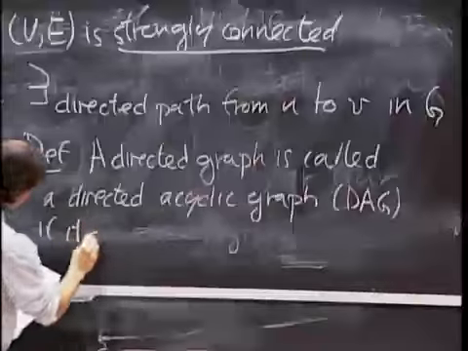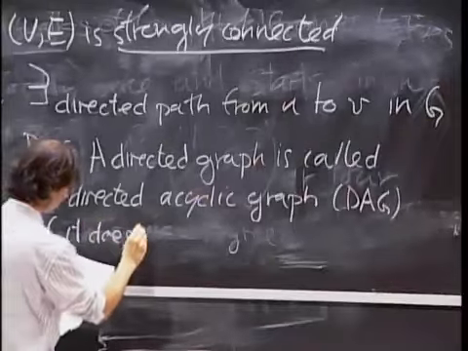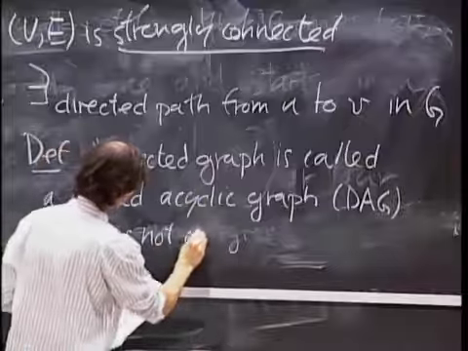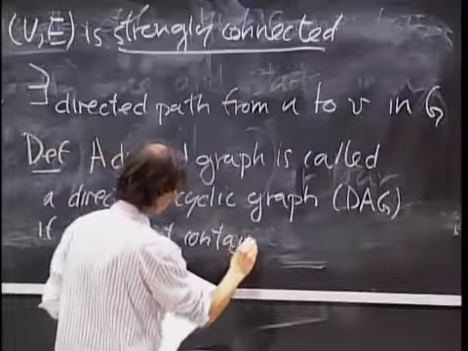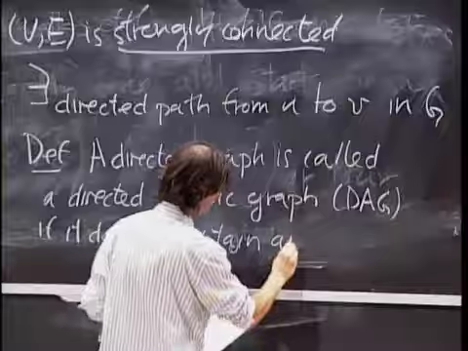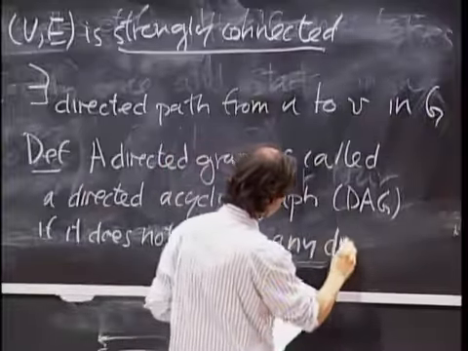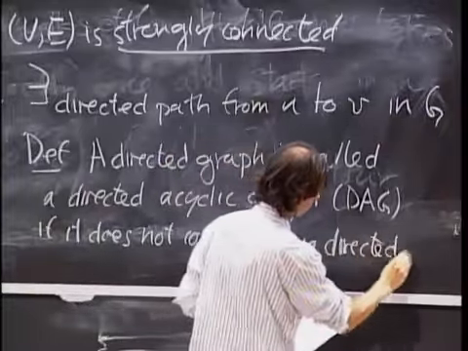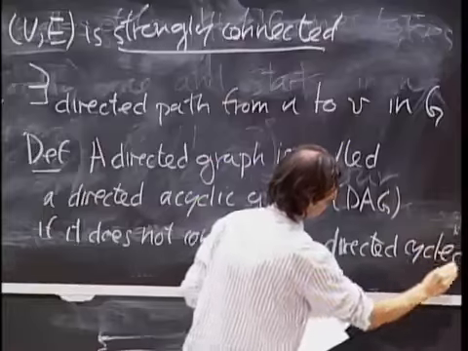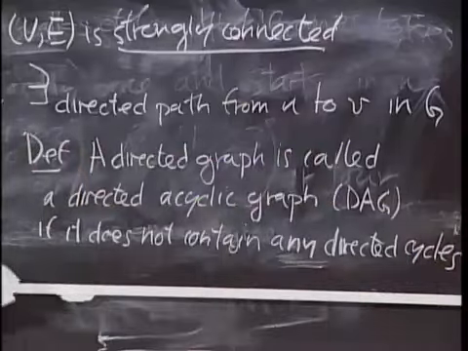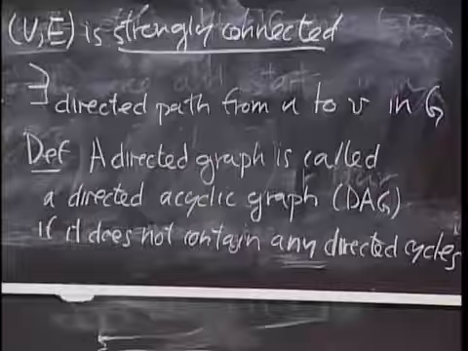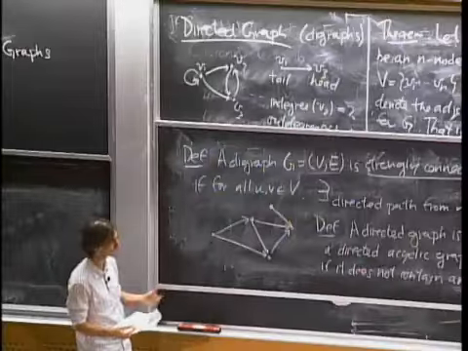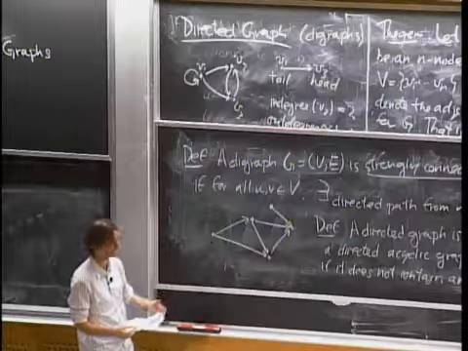If it does not contain any directed cycles. So these kinds of graphs are used in scheduling and optimization, and we will use them next week in the lecture on partial orderings.